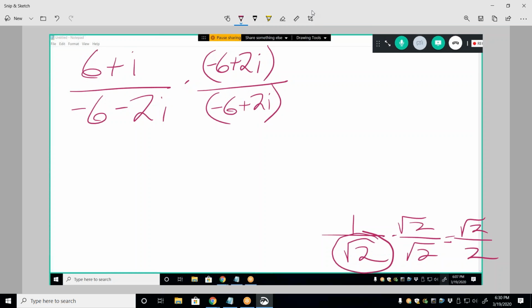What that does is get rid of the imaginary in the bottom. Go ahead and tell me what the bottom is. FOIL the bottom. So it's positive 36. Go ahead and do the foiling. Minus 6 times plus 2i.